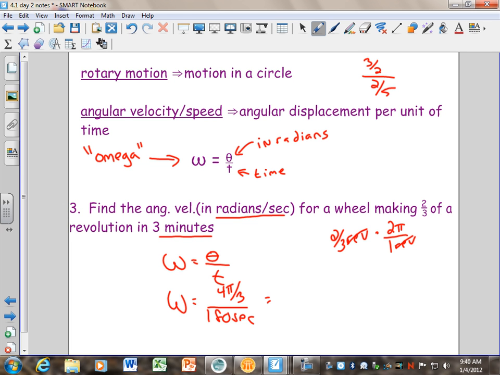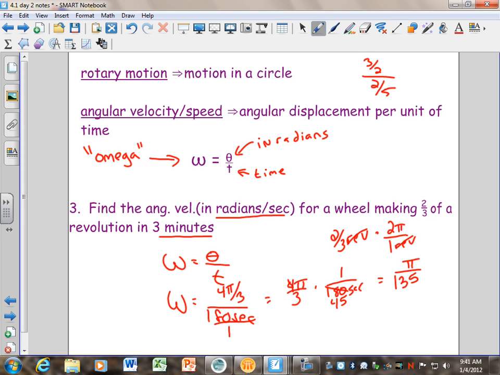I'm going to write this as 4 pi thirds times the reciprocal of that, which would be 1 over 180 seconds. Does 4 go into 180? 45 times. 3 times 45 is 135, I think.